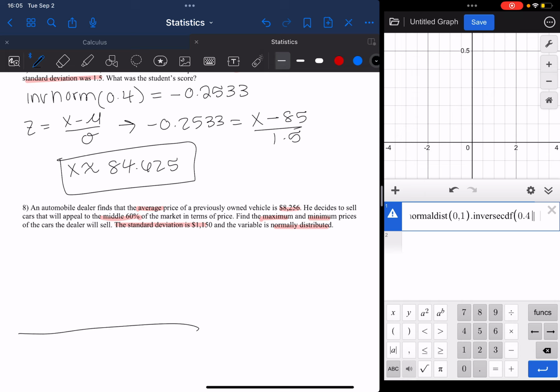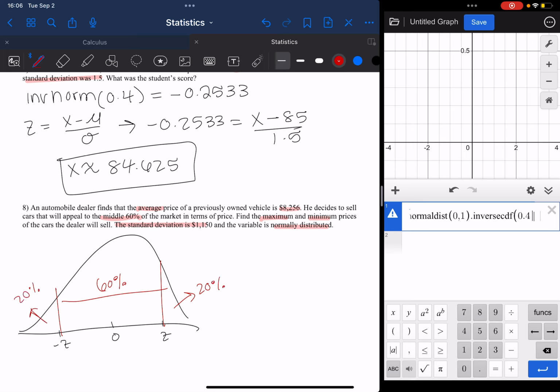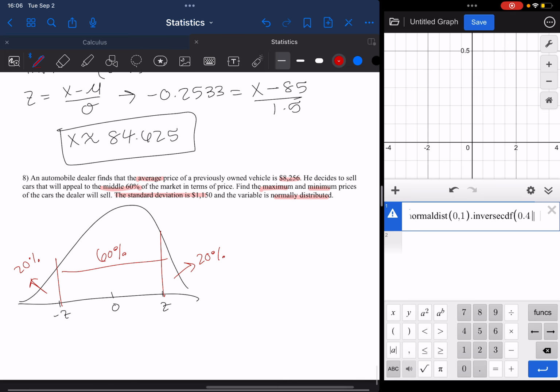So, let's draw this visually to see what we're trying to find. So here's 0, here's negative z, here's positive z. They want us to find something that appeals to the middle 60%. So this is 60%, which means these two outside values are 20% in order for it to add up to 100%. So we need to find the inverse norm of just one side of this.